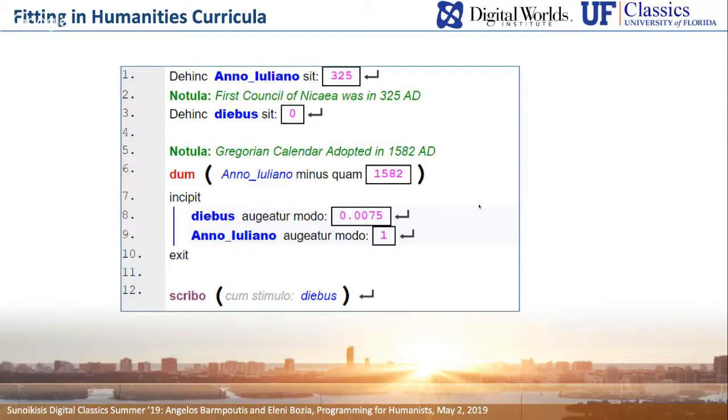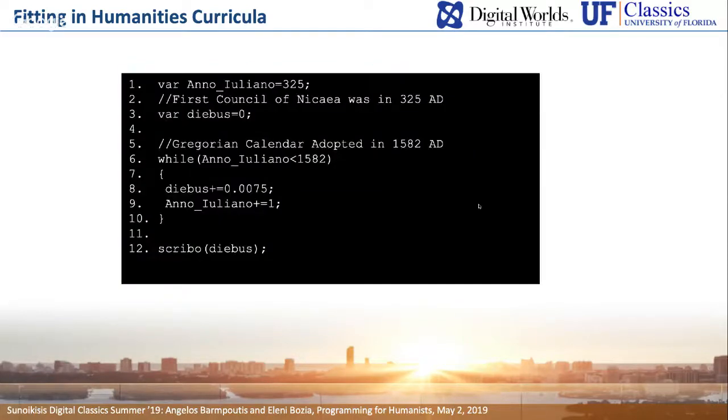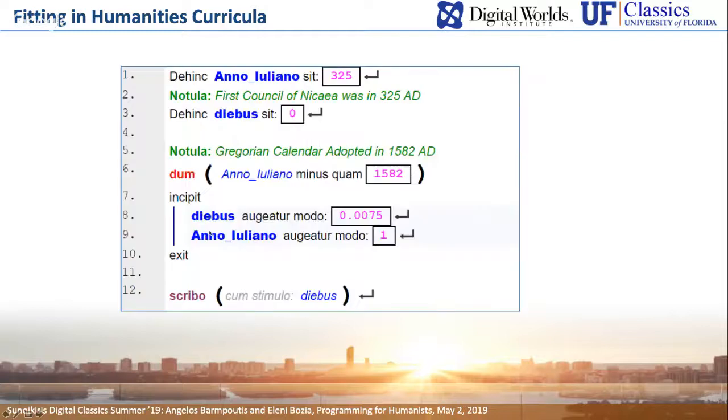But coding this, taking the information from a Latin document from Pope Gregory and doing this little exercise, how can I transcribe this using JavaScript? The actual code that I typed is this, with plus equals and the syntax with the brackets and all that.